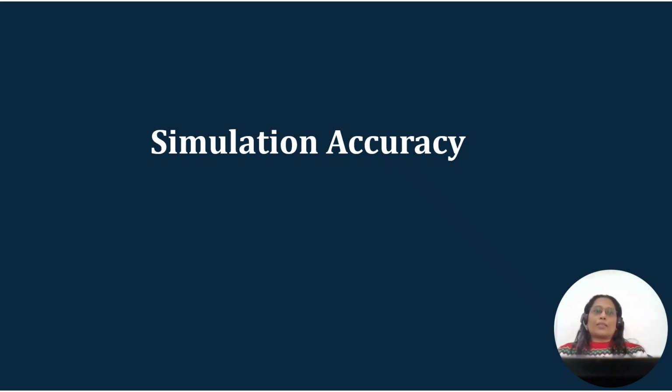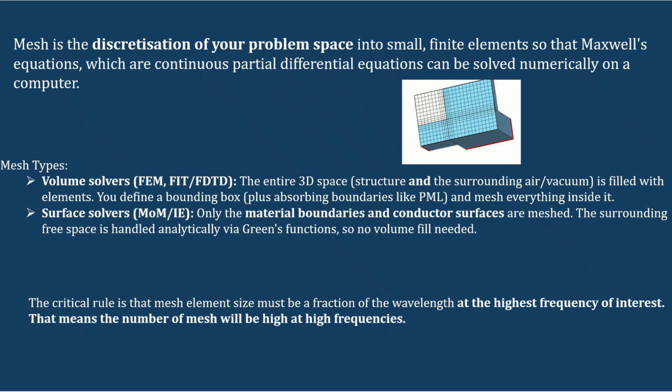So let's see what is meant by a mesh. When you are doing a simulation in electromagnetic software like CST, HFSS or anything, it is actually solving Maxwell's equations and trying to find the electric field and magnetic field distribution.